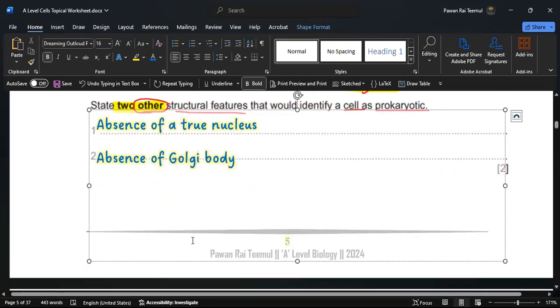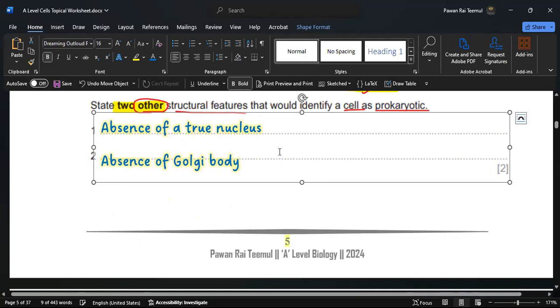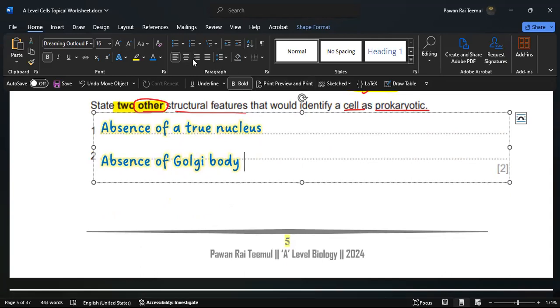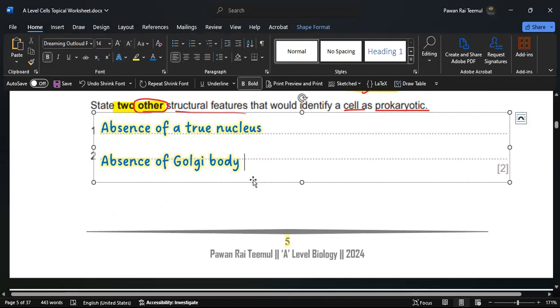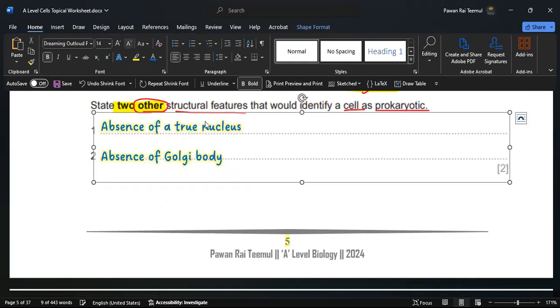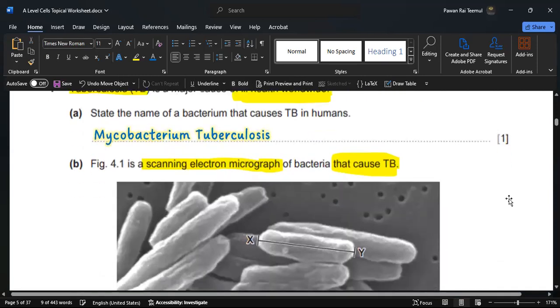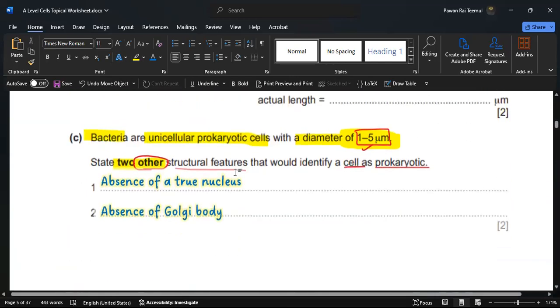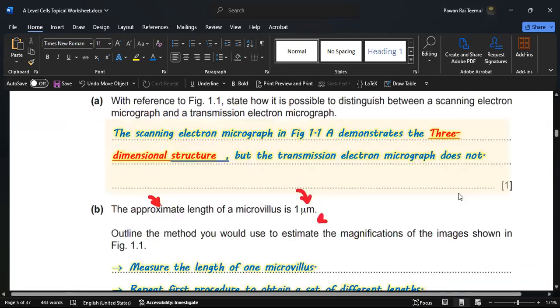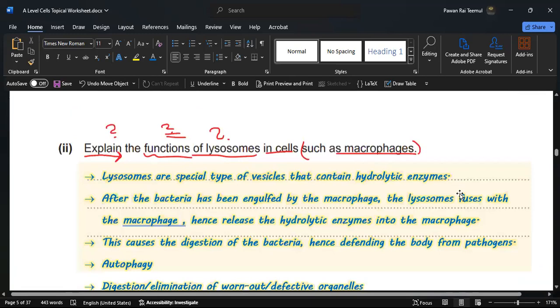Speaking of bacteria, they specifically have a cell wall of peptidoglycan, but I'm not sure if they accept it because the question is just talking about prokaryotic cells in general. Well, yeah. Now let me quickly go and check the answer key for this question.